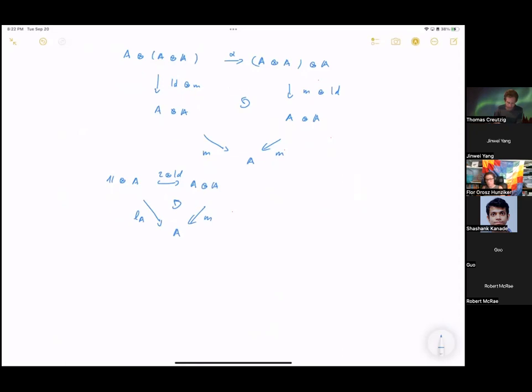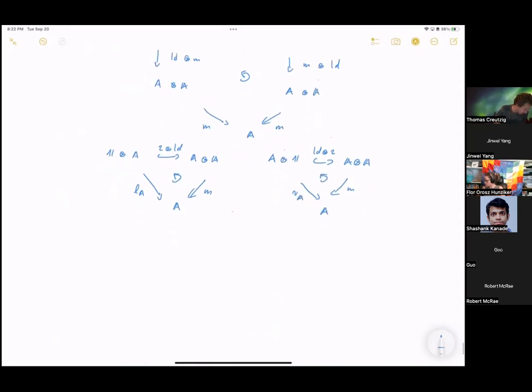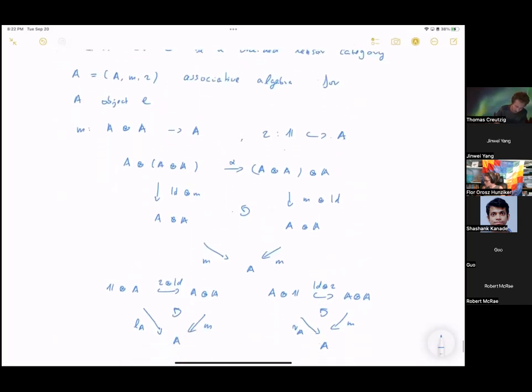Same thing for the right unit. So let me also quickly write this just because it doesn't take time. So you want to have the same type of diagram to commute. Okay, now this is the notion of an associative algebra.